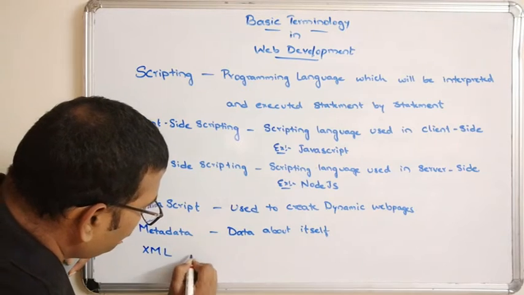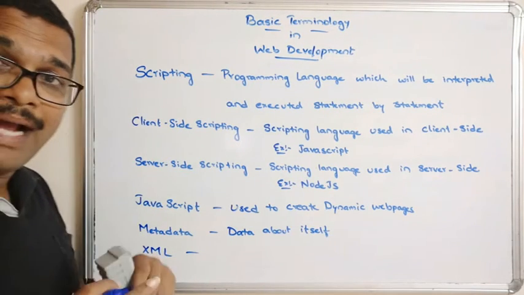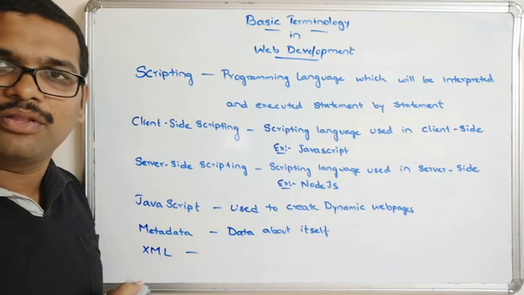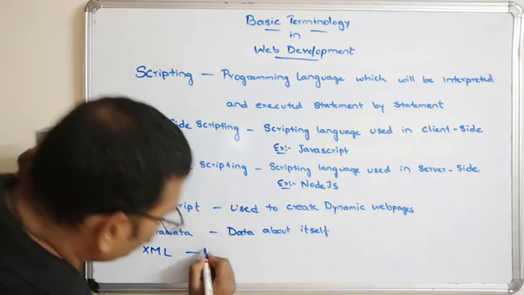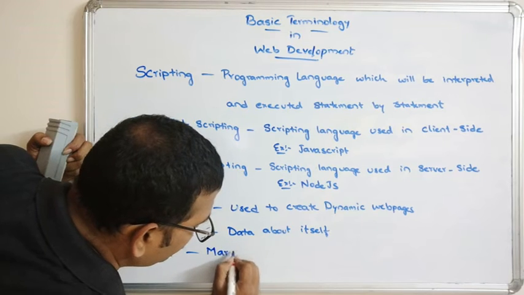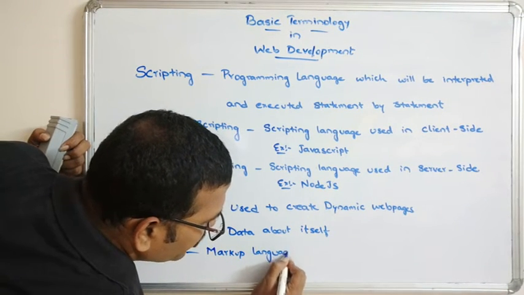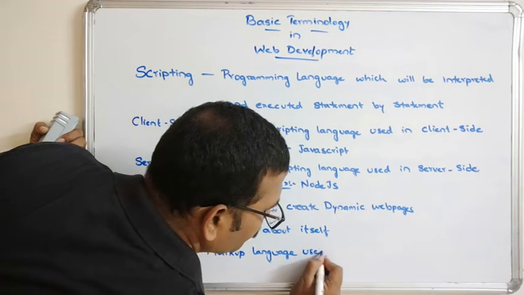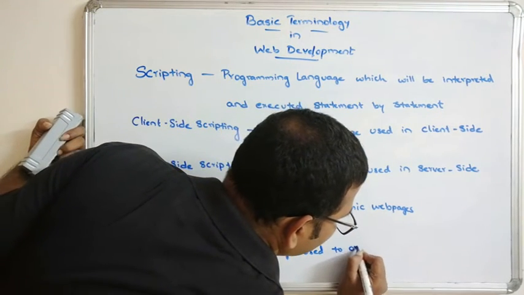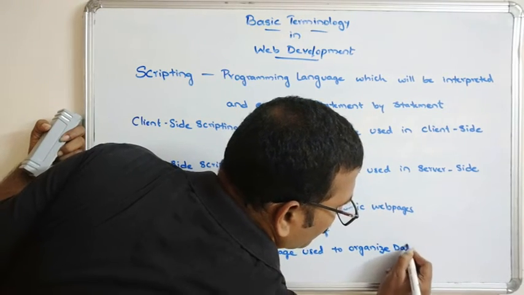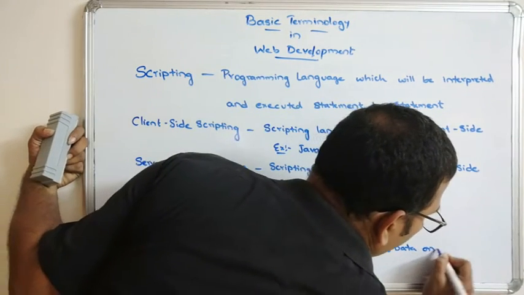And XML. XML is also a markup language which organizes the content of the web page. Okay, it is also a markup language similar to our HTML. So markup language which is used to organize data on a web page.